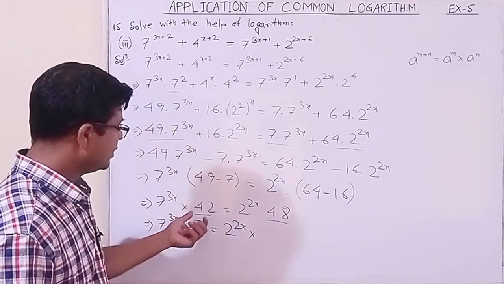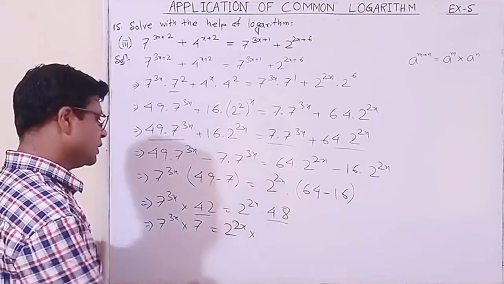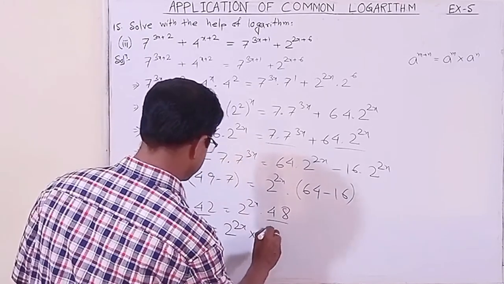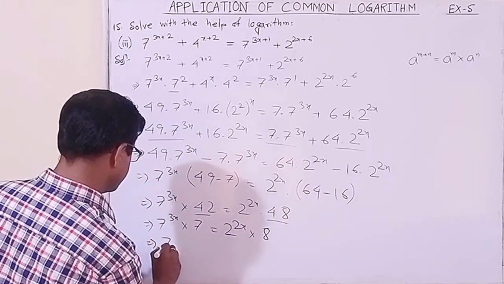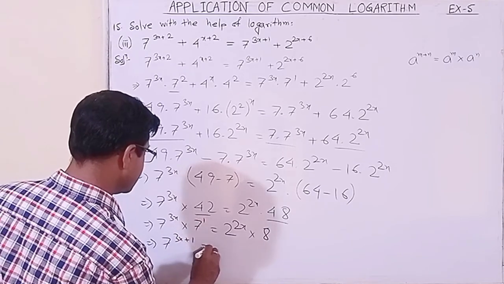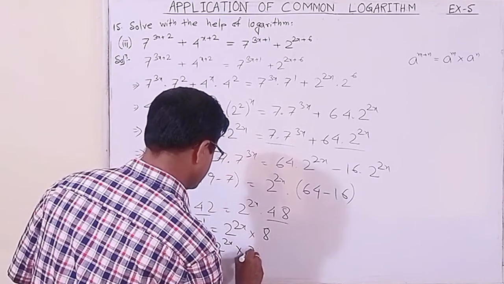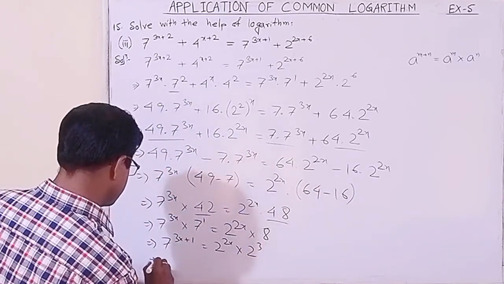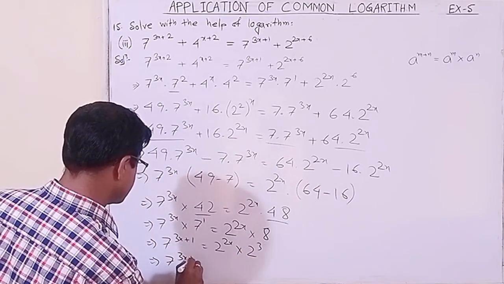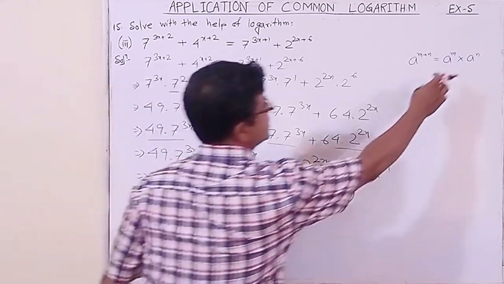Here you see, dear students, we have divided the left hand side by 6, so on that side also we have to do it. 48 divided by 6 is 8, so this is 7 to the power 3x plus 1, its power is 1, times 2 to the power 2x into 8, which can be written as 2 cubed.